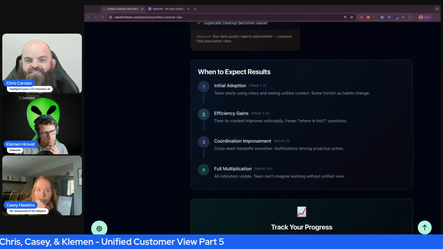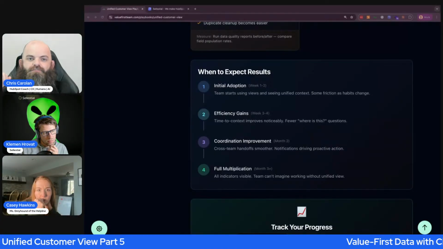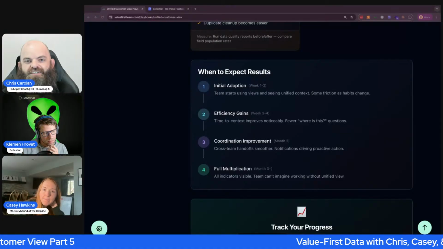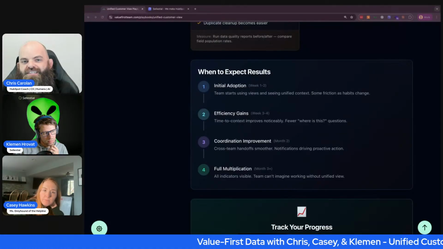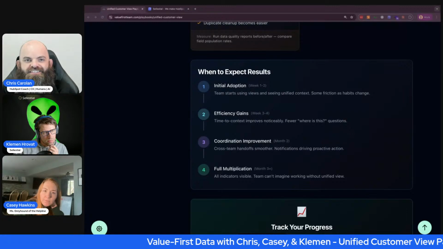And when you have an accounting system separate from an ERP, separate from a help desk, separate from marketing automation, separate from CRM, those people decide in those moments what the account name needs to be.